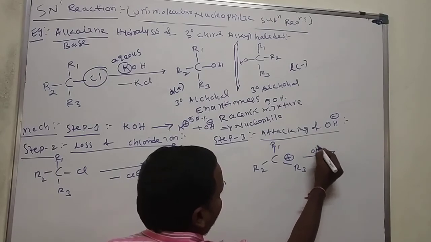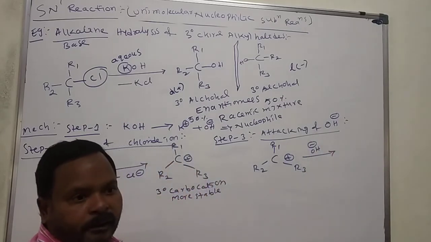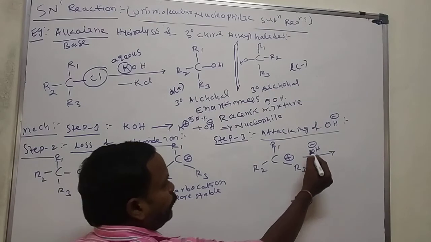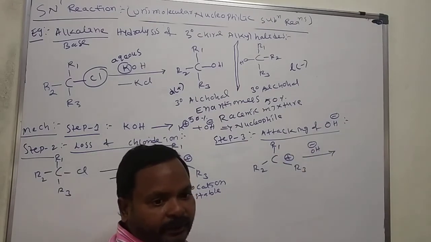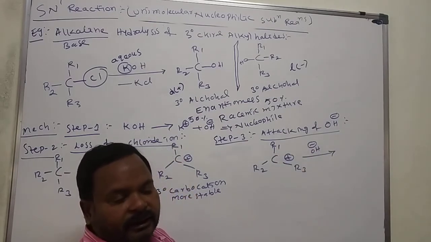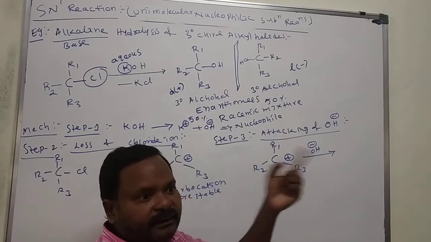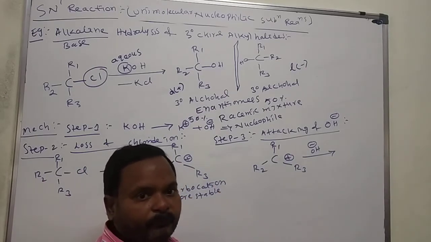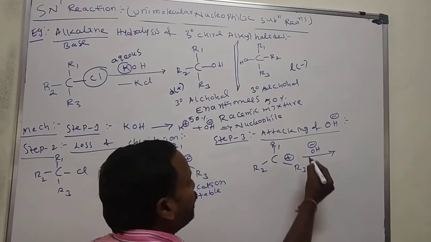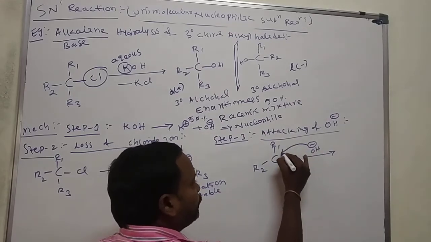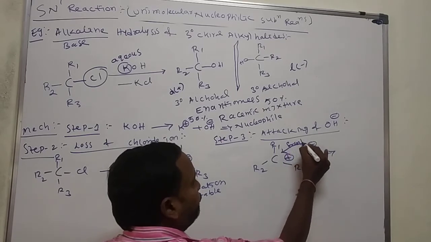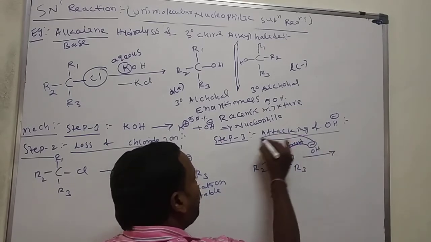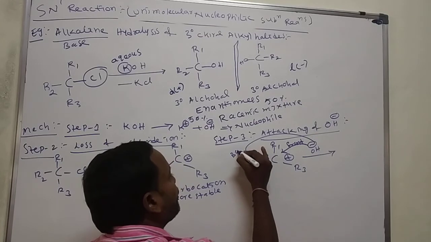OH minus attacks. Where does OH minus attack? Once it is a planar carbonium ion, it easily rotates. That means it can attack from two sides, the left side and the right side, or the front side and the back side. This OH minus ion attacks from the front side. It also attacks from the back side.